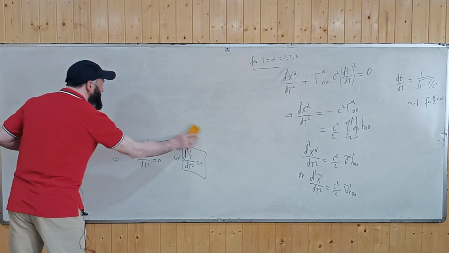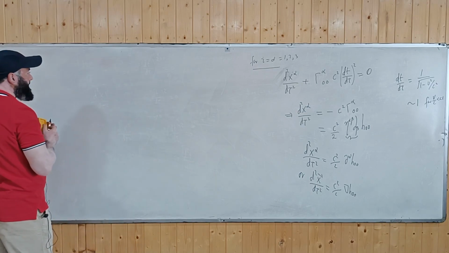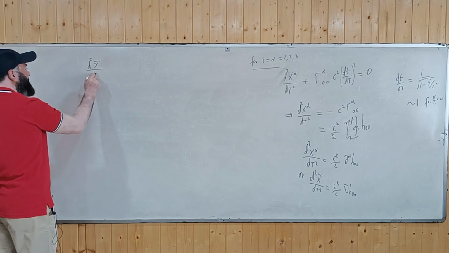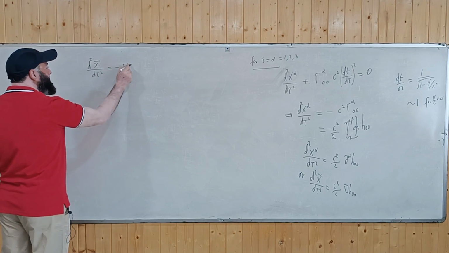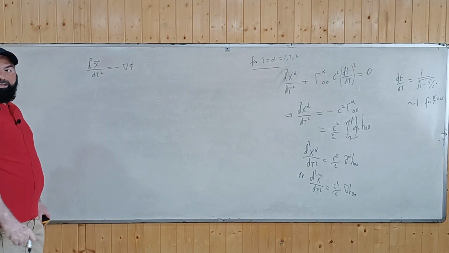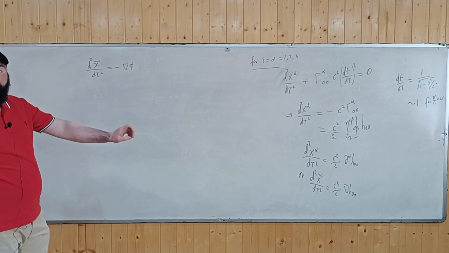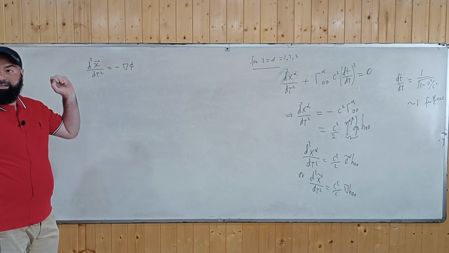Now if we compare it with Newton's equation of motion, what is it? Newton's equation of motion is d²x/dt² equal to minus gradient of phi. Is that true? So what it implies is that I can identify h_00 with this phi.